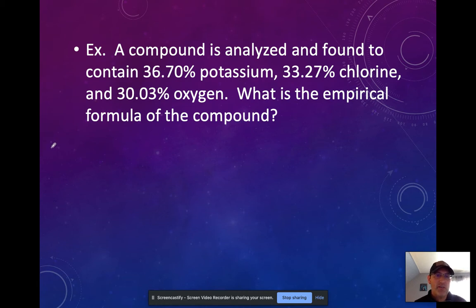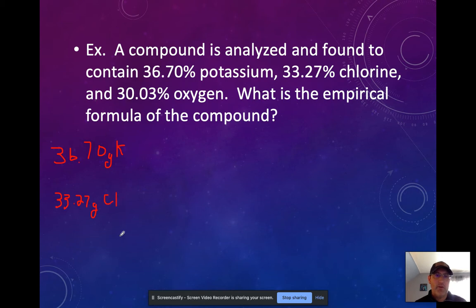So this is just going to be 36.70 grams of potassium. So that's going to be K. Okay. Then we're also going to have 33.27 grams of Cl.